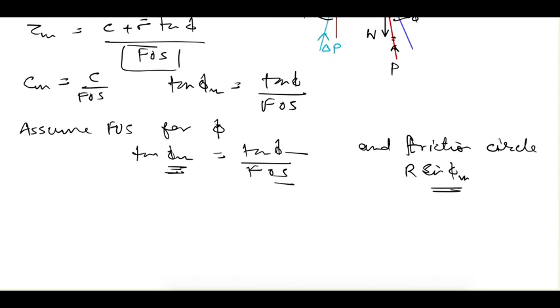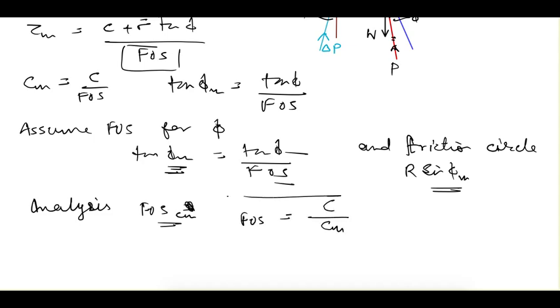And by following the analysis, we find out the factor of safety against cohesion. So the factor of safety for cohesion can be written as total cohesion divided by mobilized cohesion. Total cohesion we know.